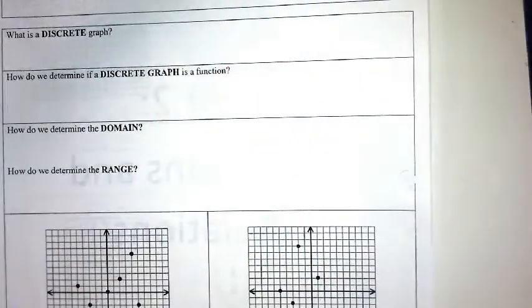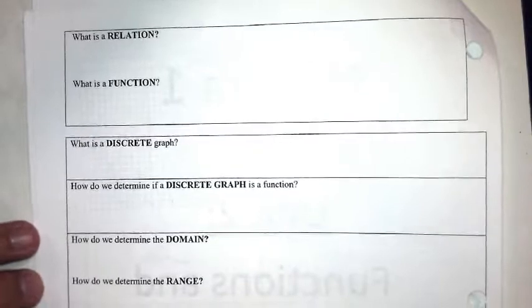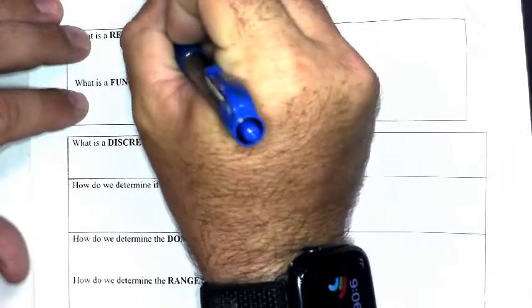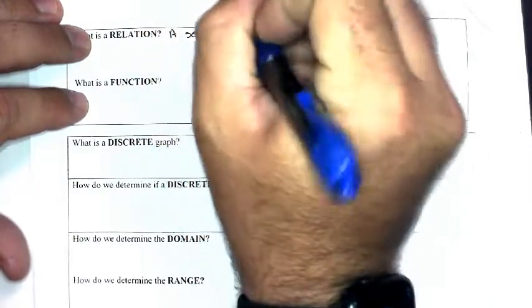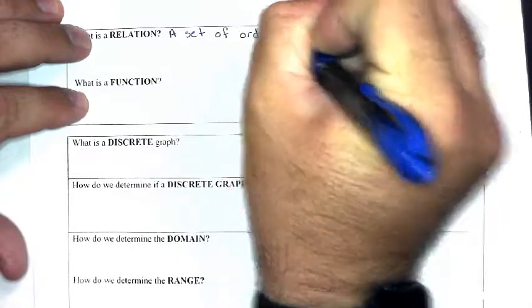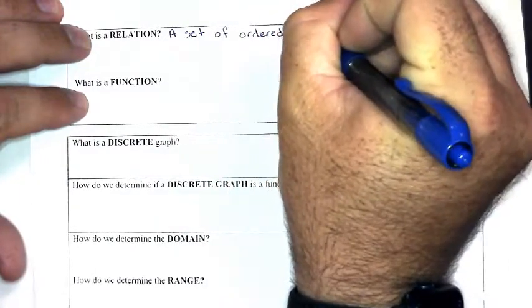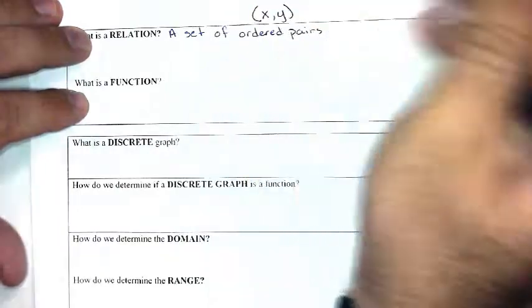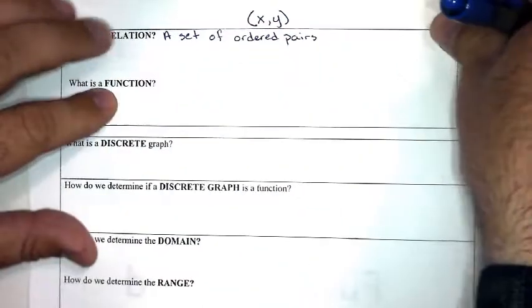What is new is domain and range and identifying discrete versus continuous. First thing I want to talk about is called relations. A relation is a set of ordered pairs. Now remember, ordered pairs are always written as x comma y.